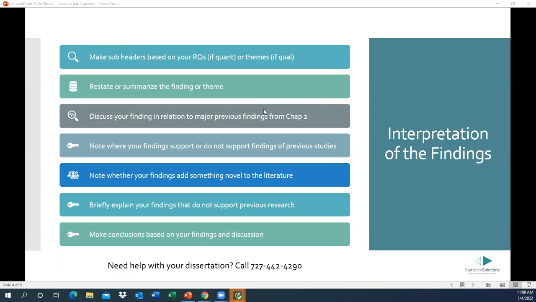I also meant to say, for questions, I will get to them at the end. I'm not referring to any book. I'm referring to your chapter 5 and relating your findings to the findings of previous literature from chapter 2. But I will get to your questions at the end, and if you want to type them into the question and answer box so you don't forget them, that's fine.